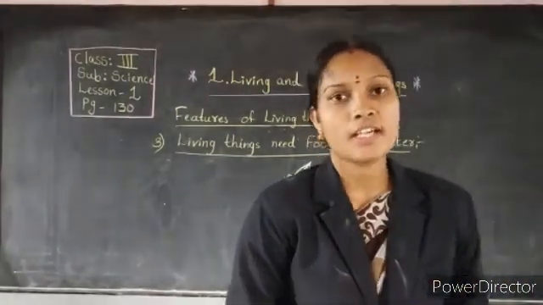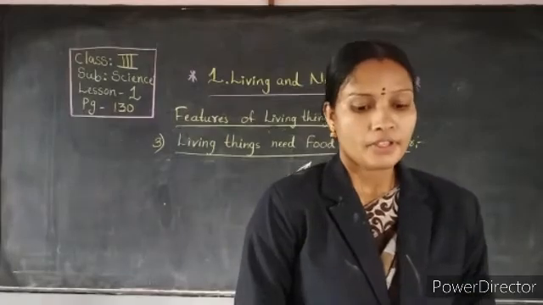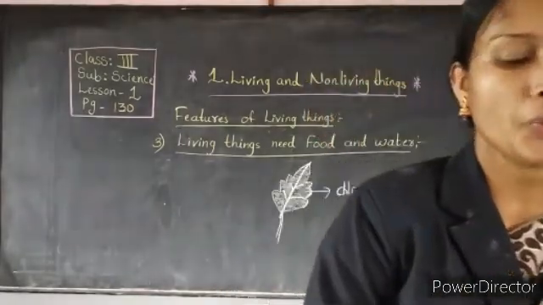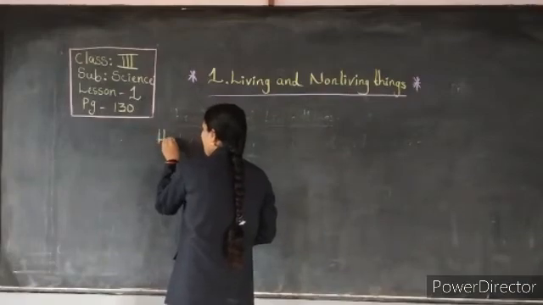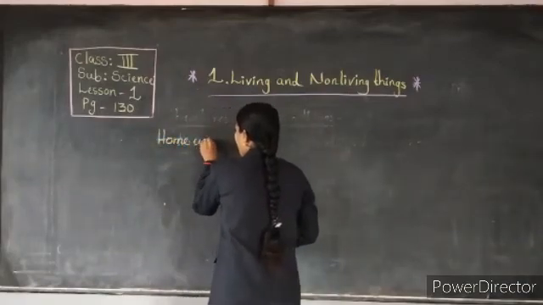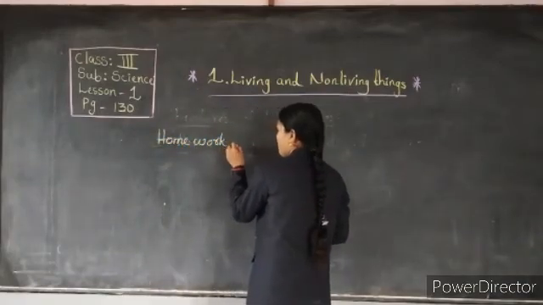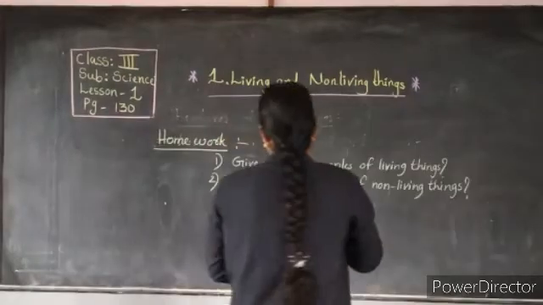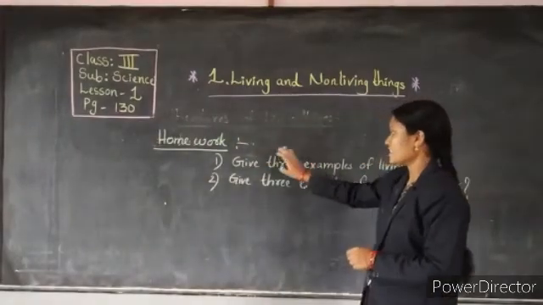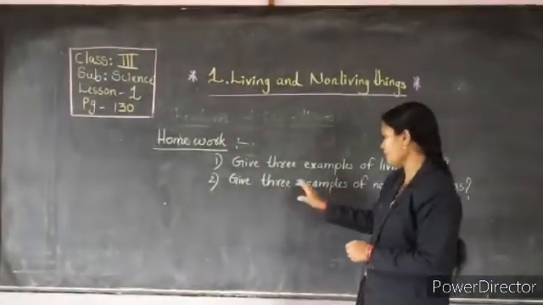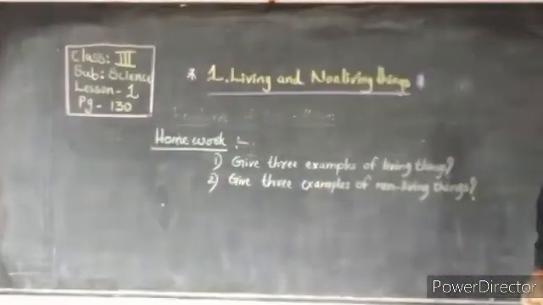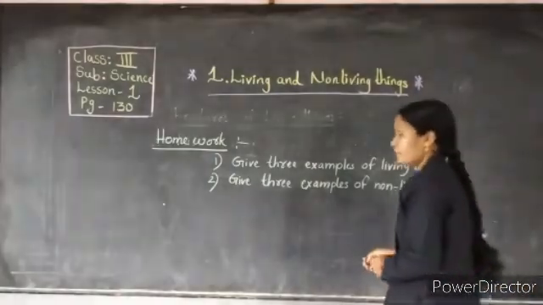Okay, students, understood? Today's homework is: give 3 examples of living things and give 3 examples of non-living things, and also write the definition of living things.